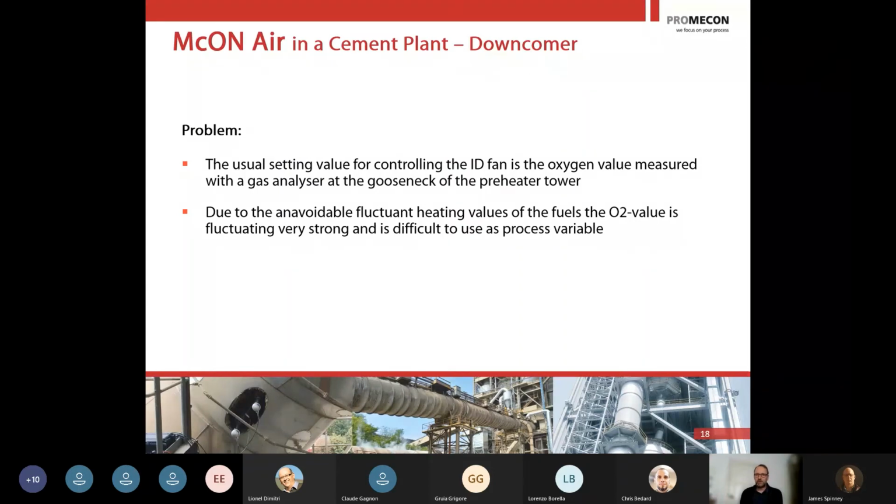Here in Europe, it's a very common thing to optimize the amount of alternative fuels, or even waste and tires, to earn money, because you're burning this waste. And so with the fluctuating heating values, the O2 value can fluctuate on the same level, and it's very hard to put continuous control on this O2 level.